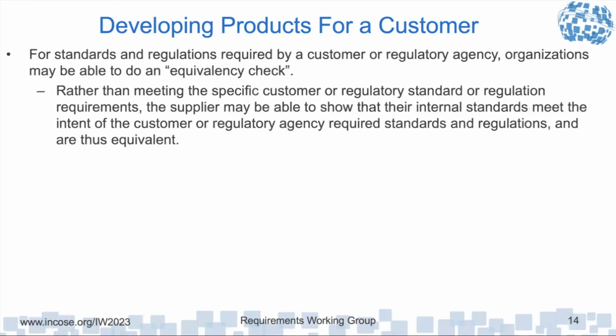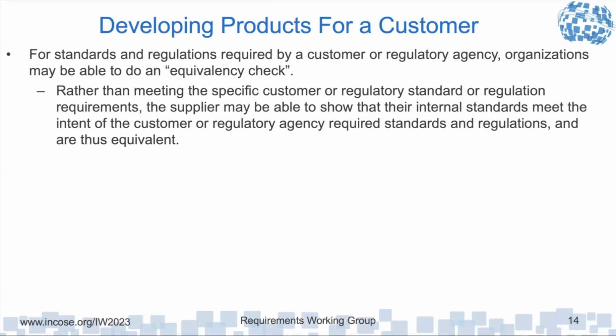For standards that are required by a customer, regulatory organizations may be able to do some kind of an equivalency check. So as a supplier organization, we already address those standards and regulations. We have a quality management system. We have design controls already in place.